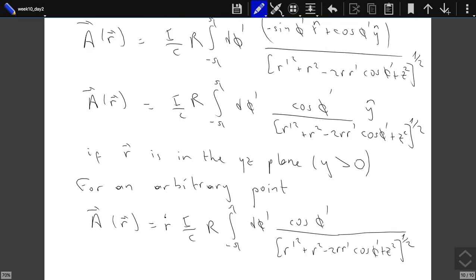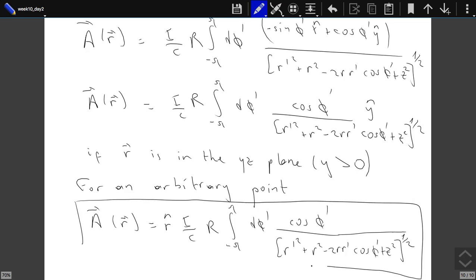So here, this is in the r hat direction. Well, of course, then you need to try to evaluate or approximate this integral over there.